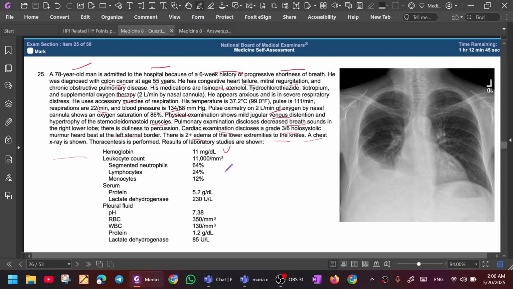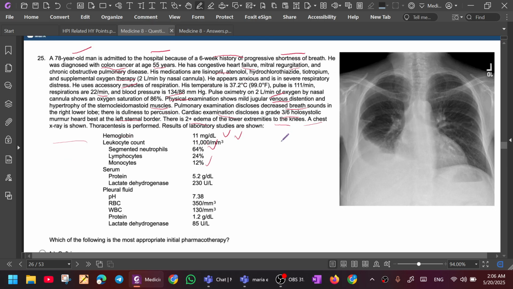Hemoglobin 11, leukocytes 11,000, segmented neutrophils 64%, lymphocytes 24%, monocytes 12%. Serum protein is 5.2, LDH is 230, pleural fluid pH is 7.38, pleural fluid protein is 1.2, and pleural fluid LDH is 85.